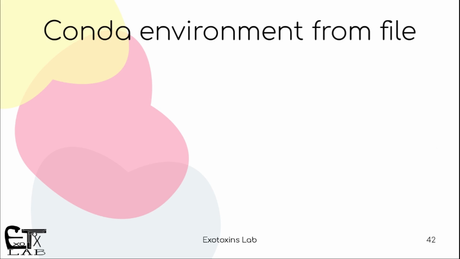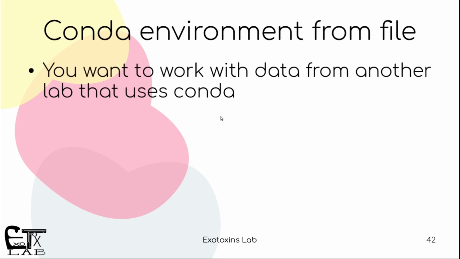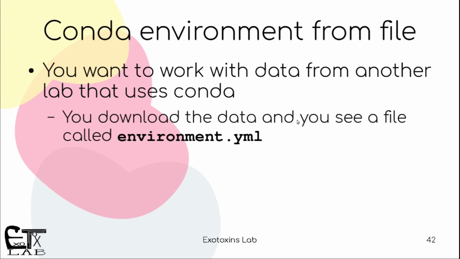But what if we want to reproduce the same type of analysis that another person in the lab or another lab used, and they used conda? The first thing is to download the data from their repository or from their analysis, and you will see a file called environment.yml.